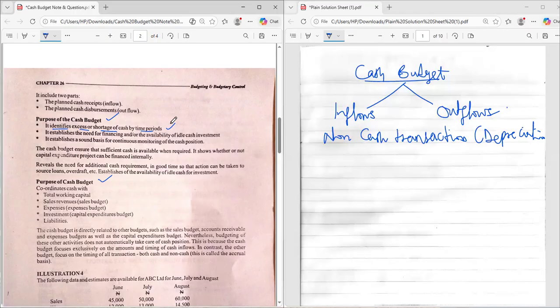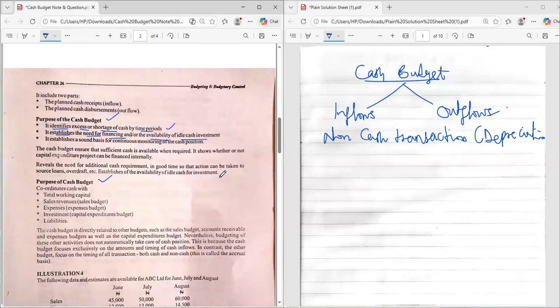It also gives the managers an insight on whether they should source for money outside. So it establishes the need for financing and the availability of idle cash for investment. We need to know whether we should source for money to finance our activities or not.